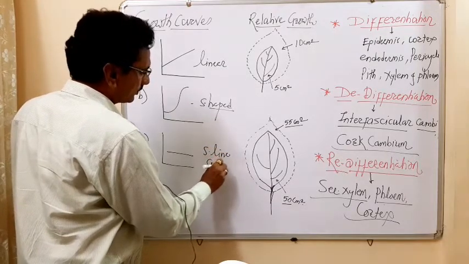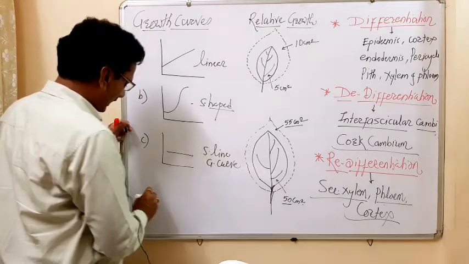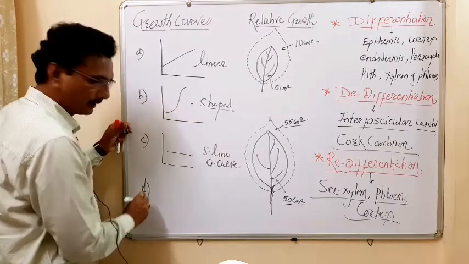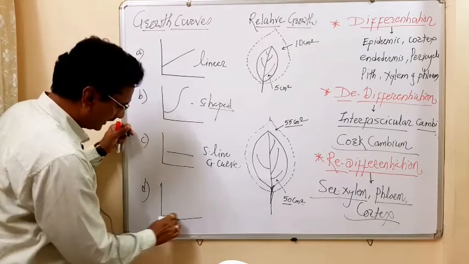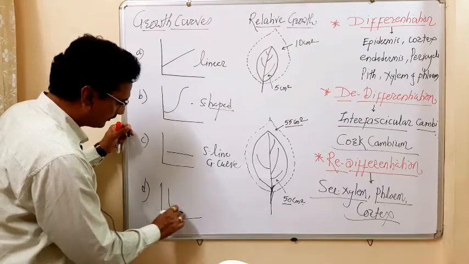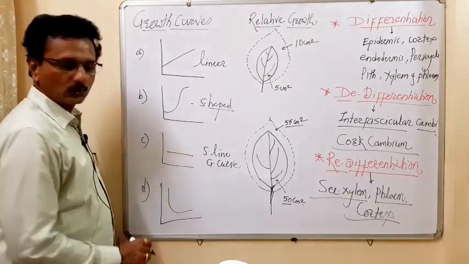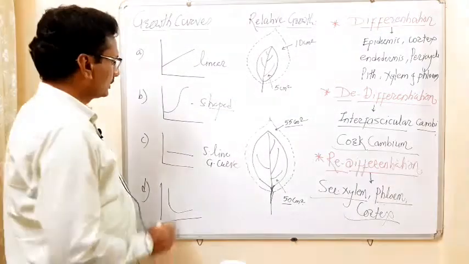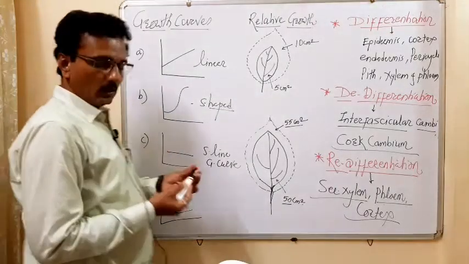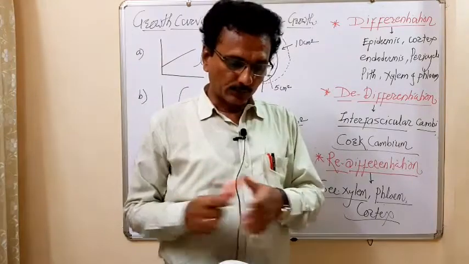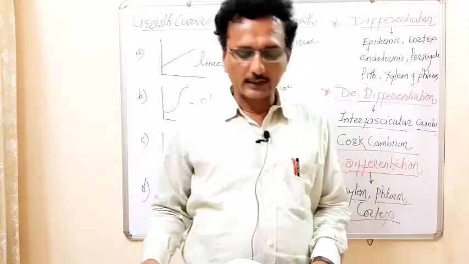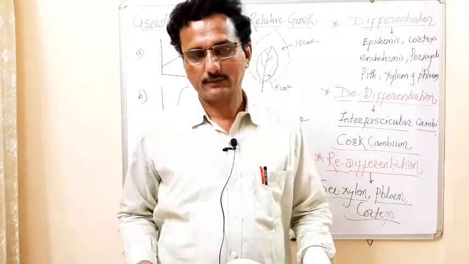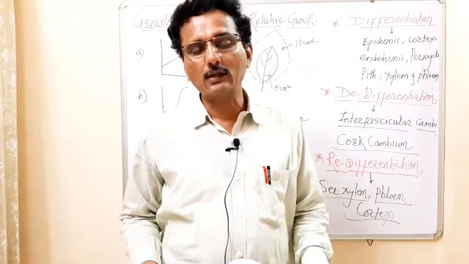So the question is based on this. Which one is the correct graph for the arithmetic growth?